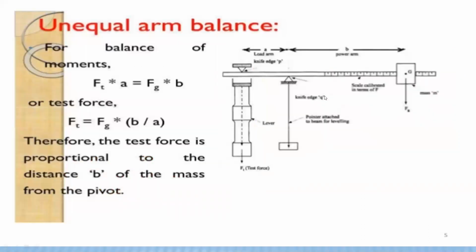In the unequal arm beam balance, for balance of moments, Ft into A is equal to Fz into B. Here the test force Ft into A, the load arm, is equal to the pointer force Fz into B, the power arm.